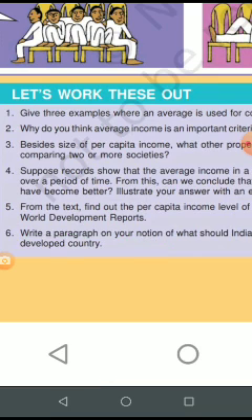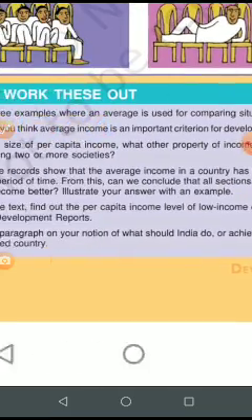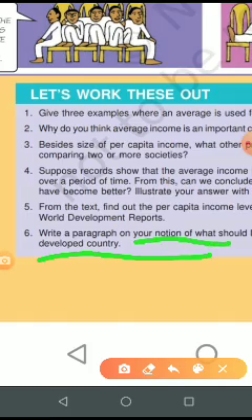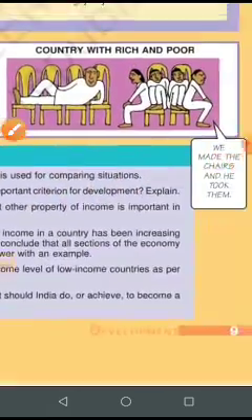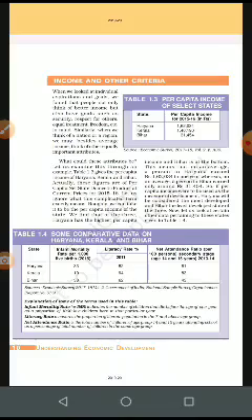What do you think India should do or achieve to become a developed country? Give your ideas, show your creativity, extend your imagination. Go to whatever level you can imagine, and then give certain points to find out the criteria for being a developed country. Got it? So please do these questions in your notebook.